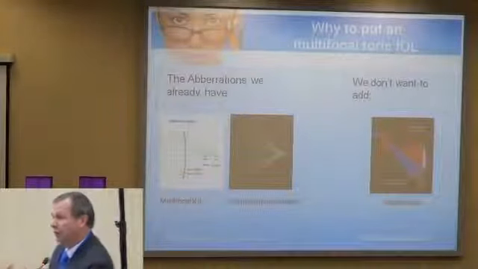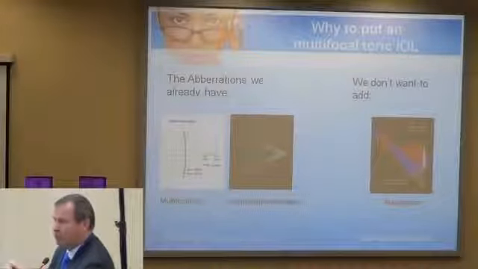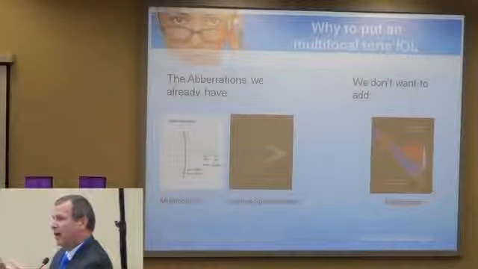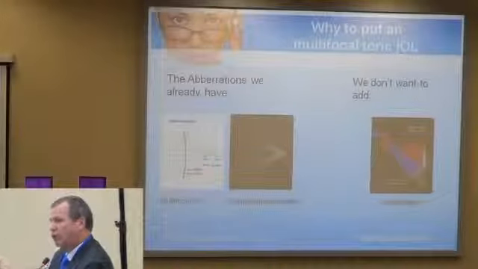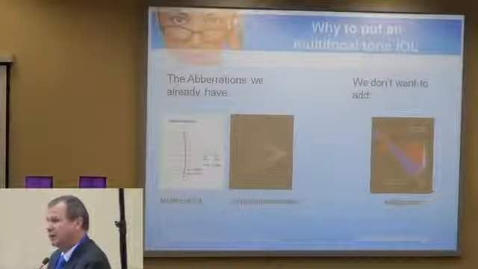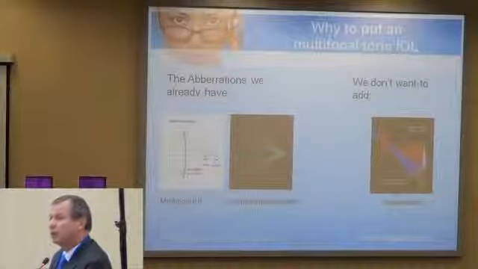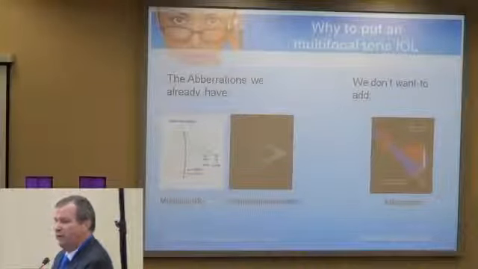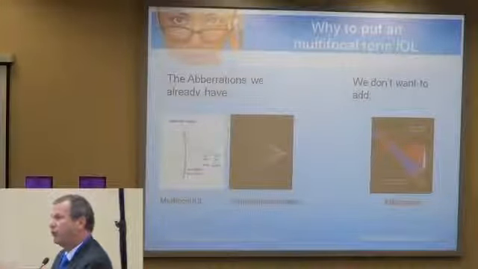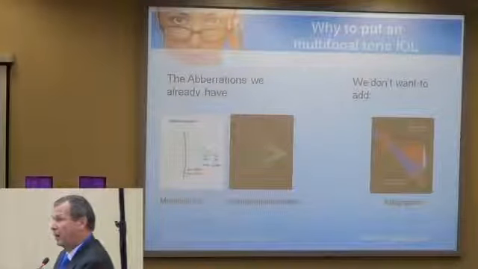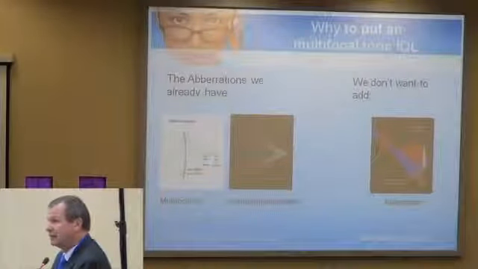Because if you don't do that, it will be blurred in between, and so you will lose a lot of contrast sensitivity. That's why it's so important to have an astigmatism-free eye when you correct a patient with multifocal lenses.